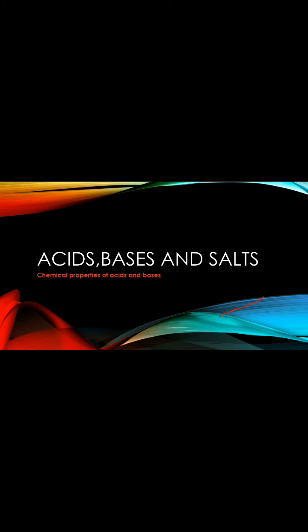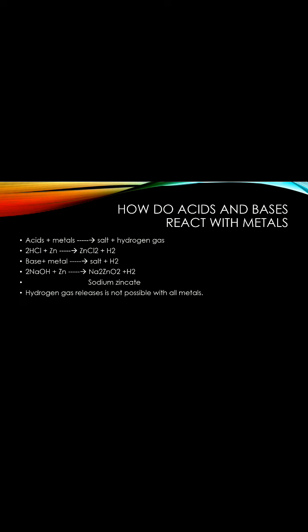acids and bases. So here, how do acids and bases react with the metals? This is one of the properties of the acids and bases. So let us see, generally, when acids react with the metals, that gives rise to salt and there is a release of hydrogen gas.